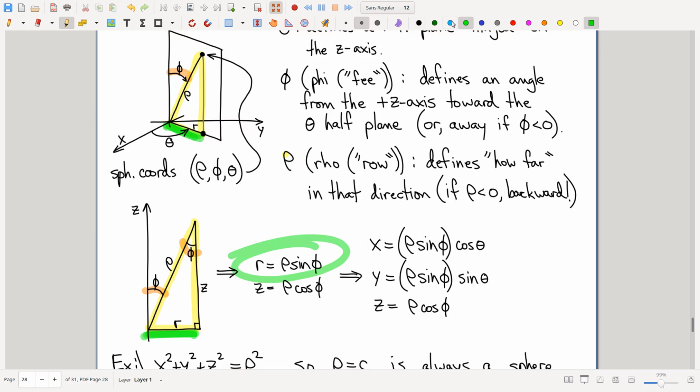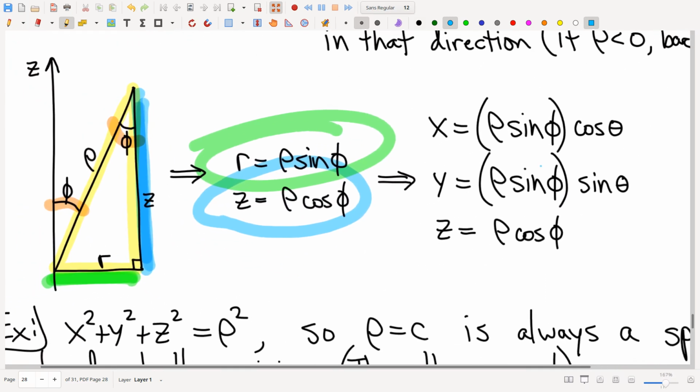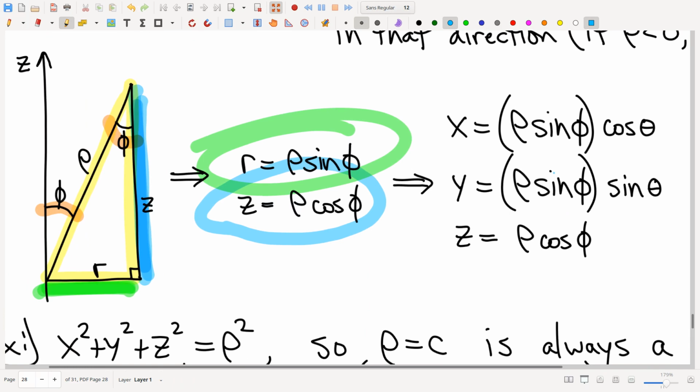And then likewise, the other leg of this triangle being z, I can easily write down, with a little bit more trig, z is rho cosine phi. And I claim this is most of the work, right? Once you realize that this triangle gives you easy observations about r and z, everything else falls into place.